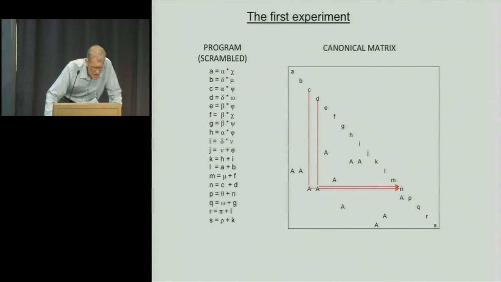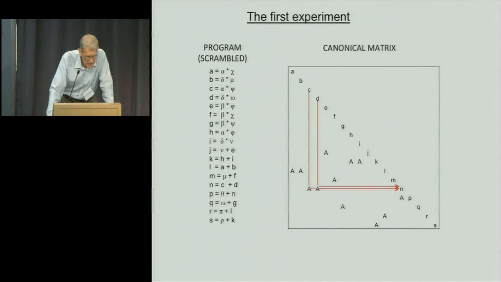For example, the statement N equals C plus D means that C and D are predecessors of N in the partial order. And there is an A there in the column of C and another A in the column of D in the row of N.